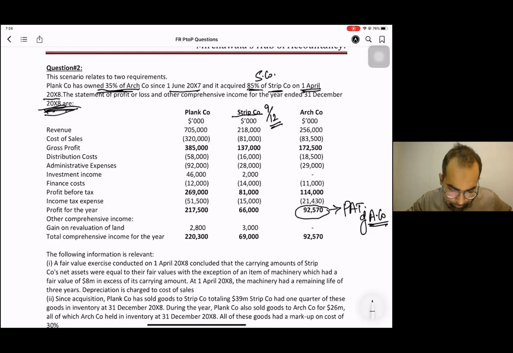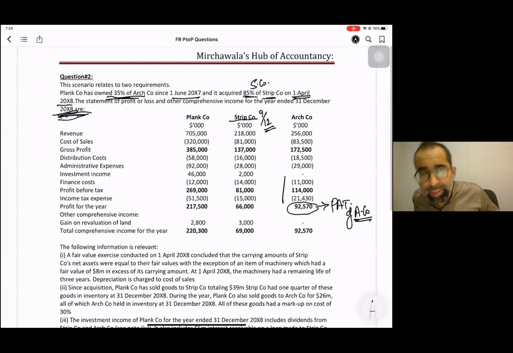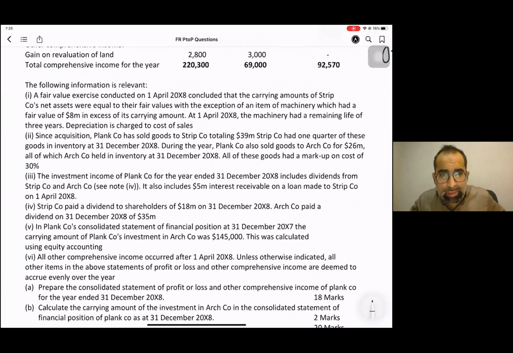Okay. Now, a fair value: when a parent company acquires a subsidiary company, the parent company accountant does a fair value adjustment.